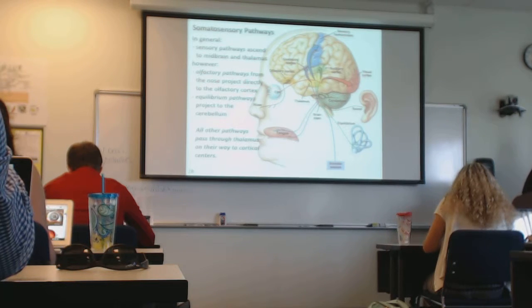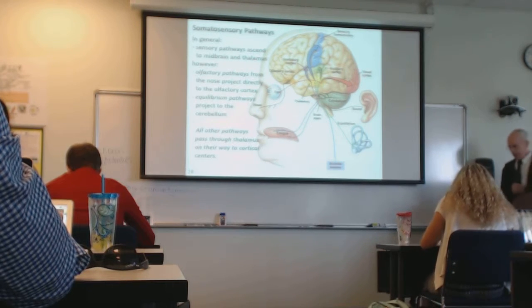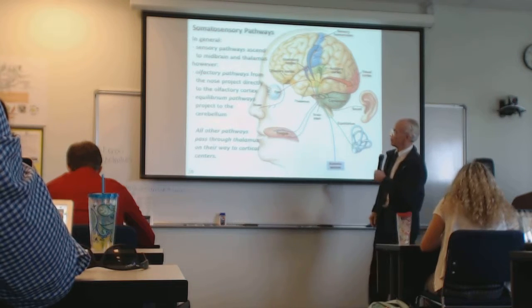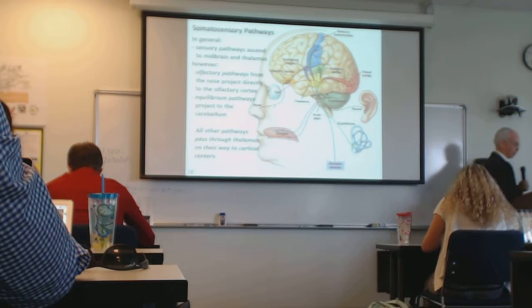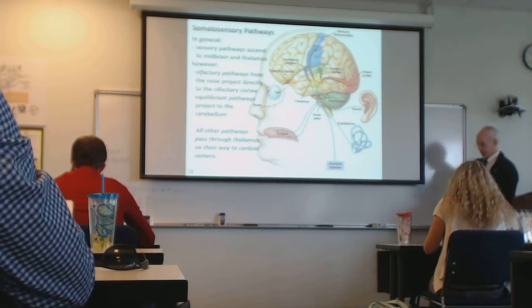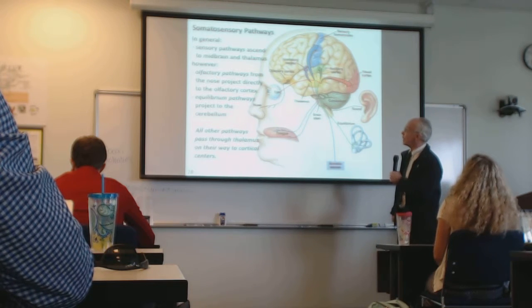And we've made this point several times already. All sensory pathways convey information to the thalamus with the exception of the olfactory pathway, which goes right to the limbic system. And we could quibble about the equilibrium pathway.